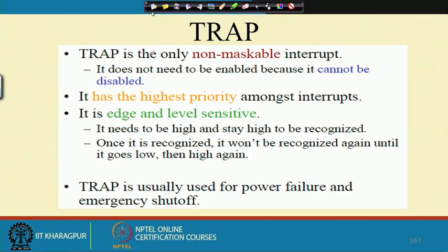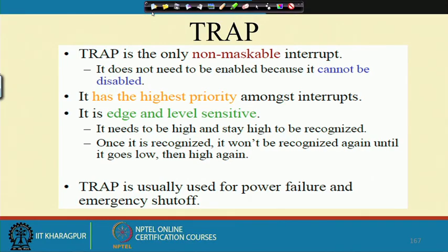If there is a flicker in the power supply line, it will be taken as an interrupt if it is only edge triggered. On the other hand, maybe the flicker comes and goes and does not affect the system too much, so we do not need to shut down the other IO devices. In that case, the minimum duration of the level comes into the picture, and the interrupt will not be sensed. So, this is important, and that is why it has been made both edge and level sensitive.